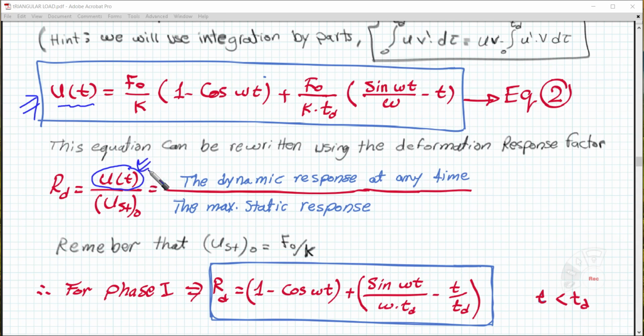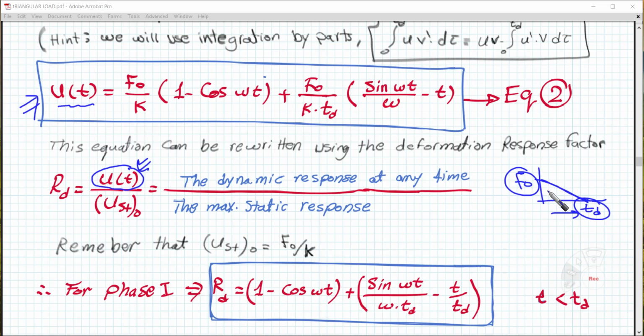Maybe from a research point of view, we might be interested in a specific response at a specific time. But in the design stage, we want to know what will happen for a system that is being excited by a triangular load with a duration of TD, for example, and a maximum magnitude of the applied load of F node.